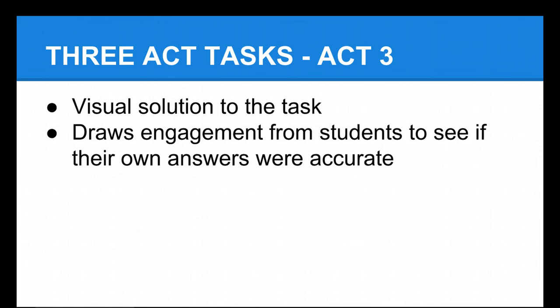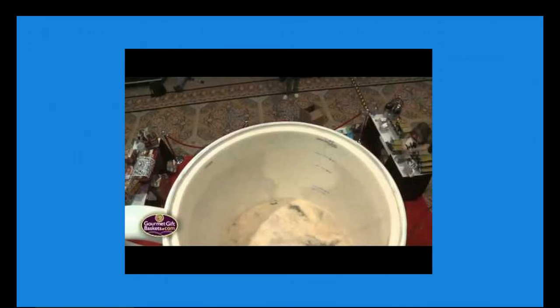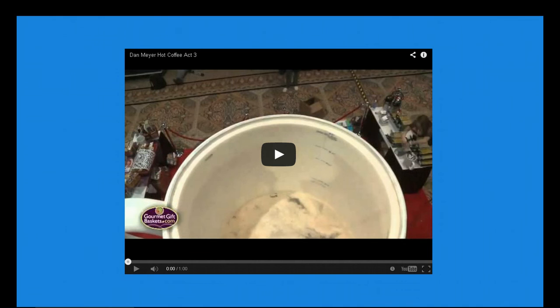And usually students create a competition amongst themselves to figure out whether they were closer, or he was closer, or she was closer. So Act 3 is very useful and just exciting. During this time, go ahead and pause the video and go to YouTube, go to Dan Meyer Hot Coffee Act 3, and watch the video there. You can go ahead and pause now.